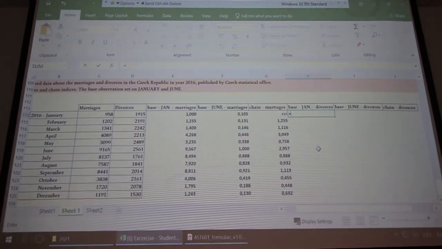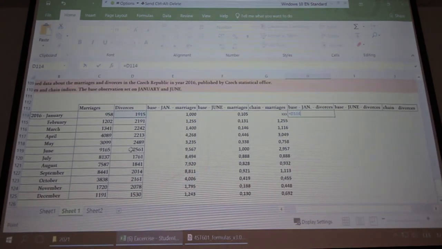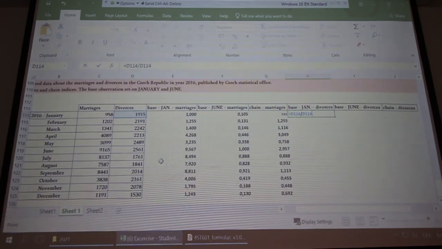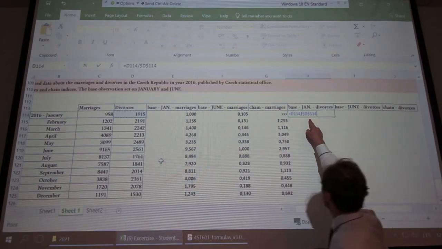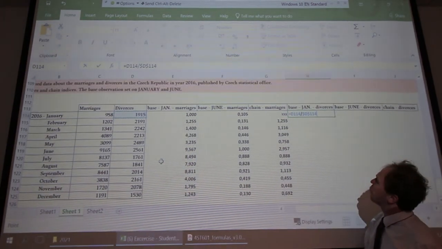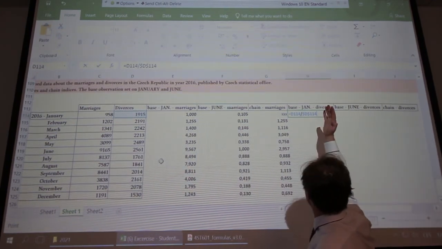So we can write divorces in January divided by divorces in January, but the denominator must be fixed. Can you see dollars? I used function 4, so it's fixed.